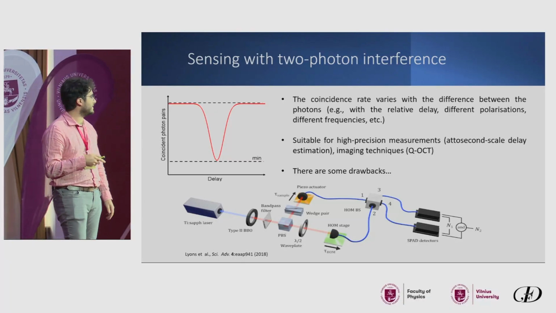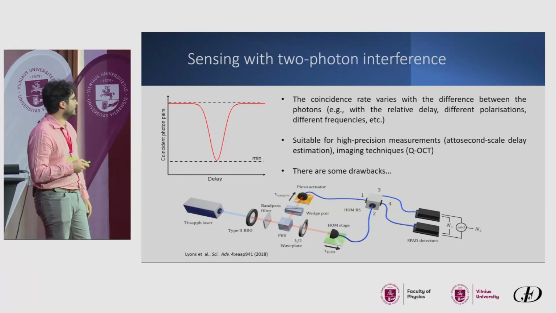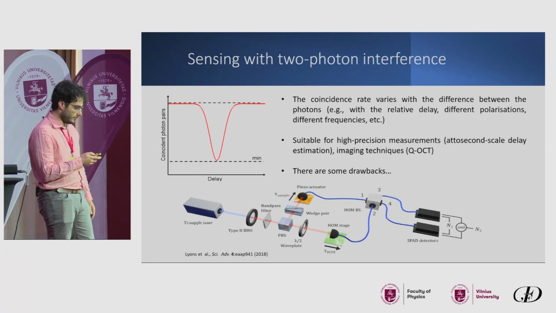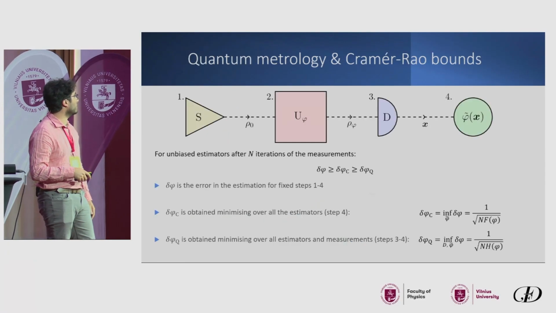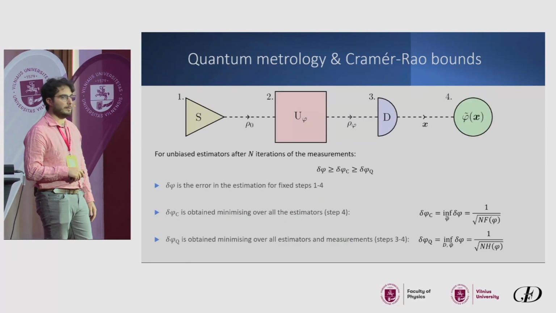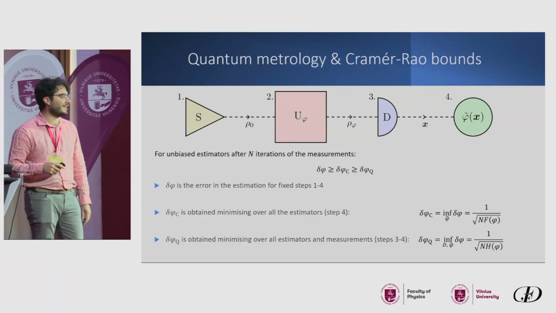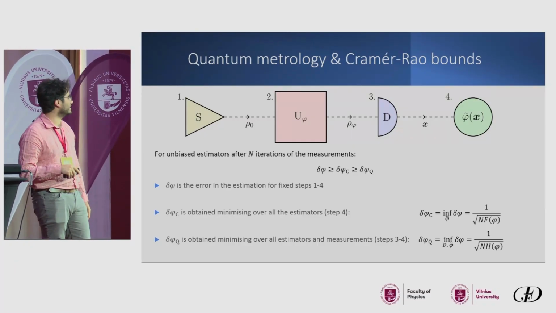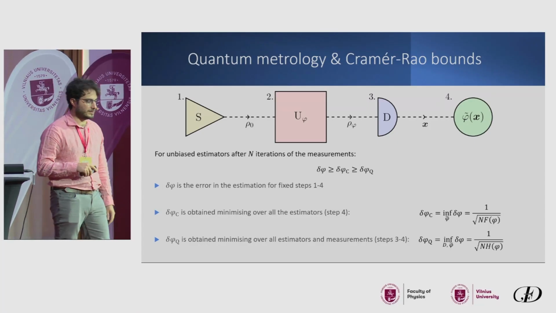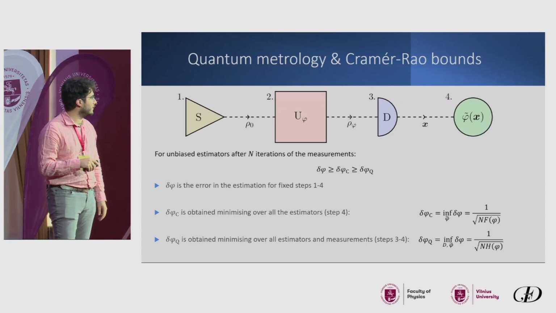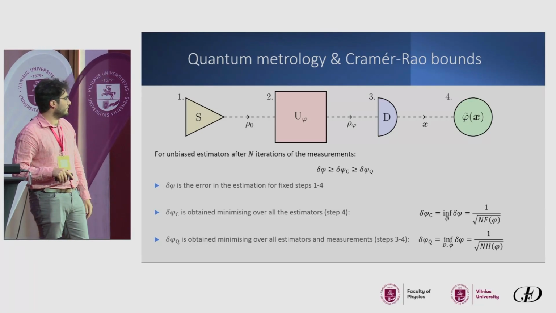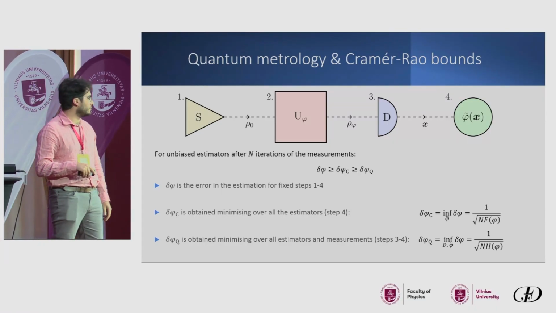There are some drawbacks with this technique, and I'm going to explain what drawbacks I'm talking about. This slide I can skip, I think, because we have had plenty of people explaining in these days what some figures of merit of quantum metrology are: Fisher information and quantum Fisher information.